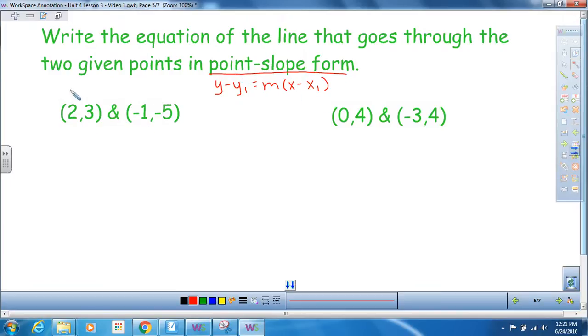What I have are 2 points. So I have an x1 and a y1. And really, I could use either point. It doesn't matter. But what I don't have is a slope. But we know if we have 2 points, we can find the slope using our slope formula.